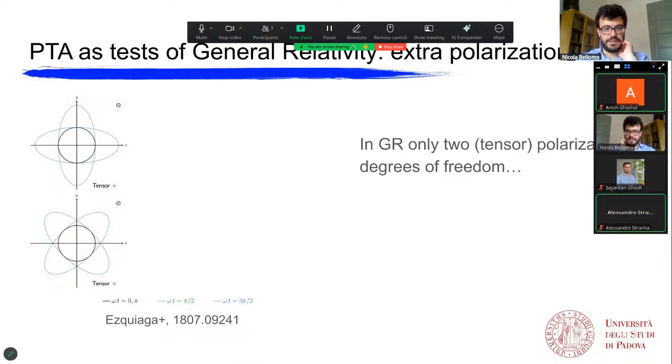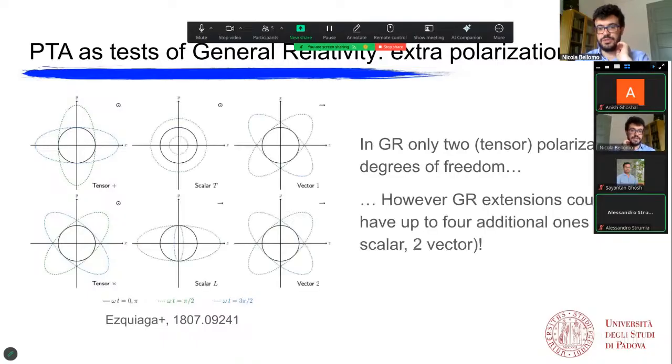However, in GR extensions, the total degrees of freedom ramps up to 6, where we have 2 additional scalar and 2 additional vector modes.